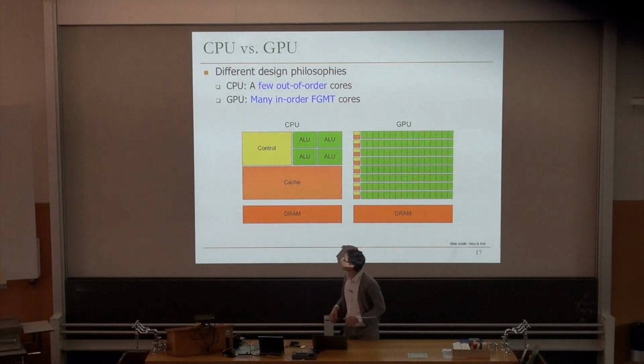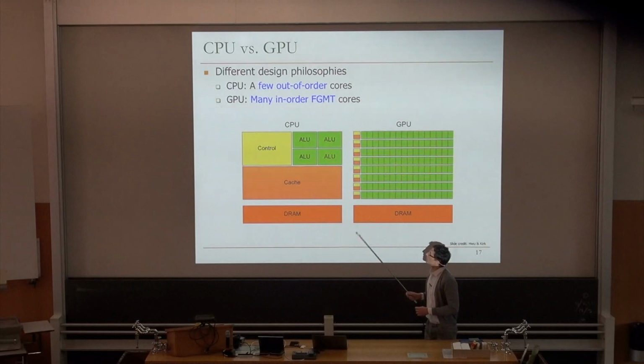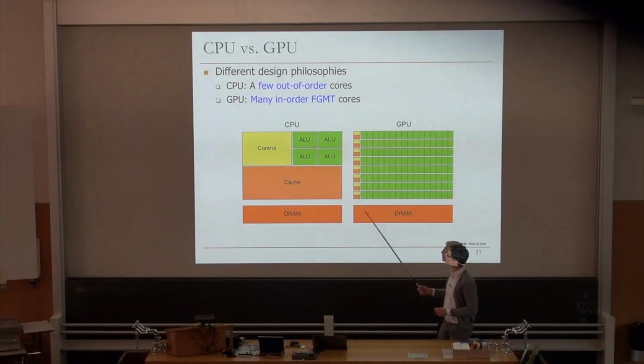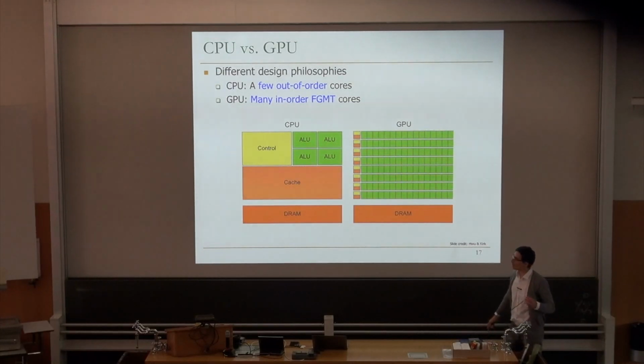So, this is very briefly to recall the main differences between CPUs and GPUs. As you can see, the main difference is where we are spending the die area, the chip area.